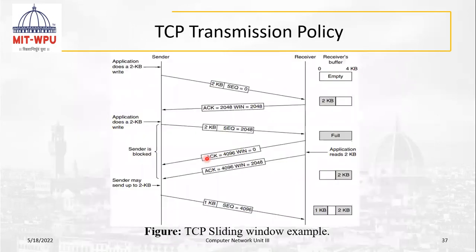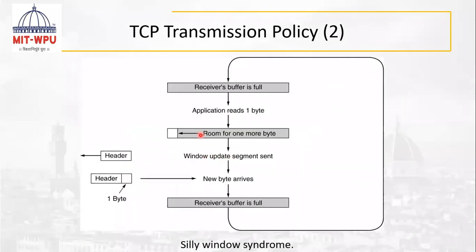In that case, the application has to have access to this buffer, and as soon as the urgent data is there, or some data has to be pushed to the application, it keeps reading multiple, variable sizes of data. And once the data is read, that window is available.